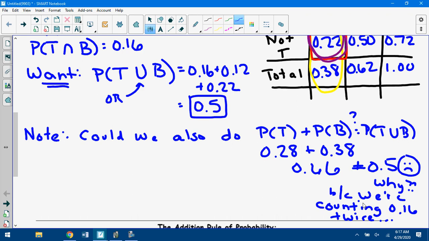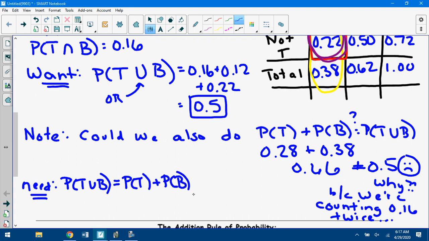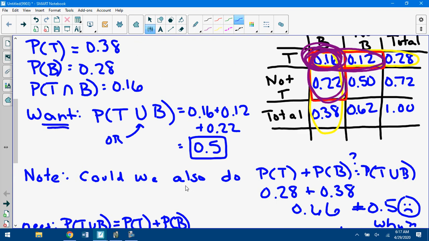So what we would need to do is we would need to say the probability of T or B is the probability of T plus the probability of B. But then, again, think about what we did. I know this is getting kind of messy over here. But if I take that 0.28, I get those two numbers. If I add the 0.38, I get those two numbers. I want to count this 0.16 one time, but I don't want to count it twice.